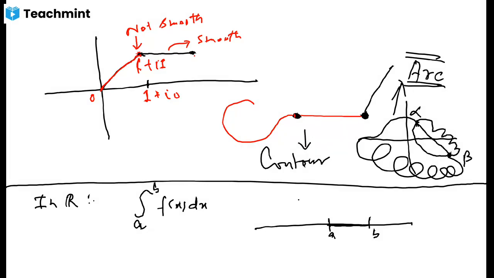We will consider only the contours, so that the arc is made up of a finite number of smooth arcs. And then the question of limits from A to B will be addressed once we consider the parameter interval of those contours.